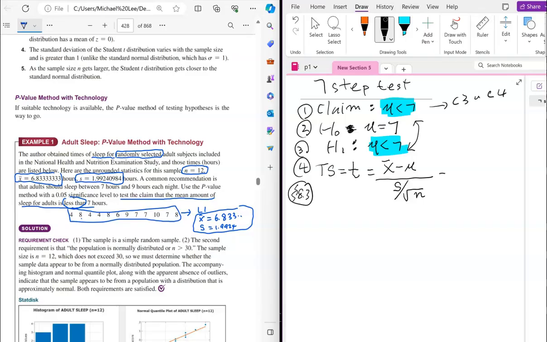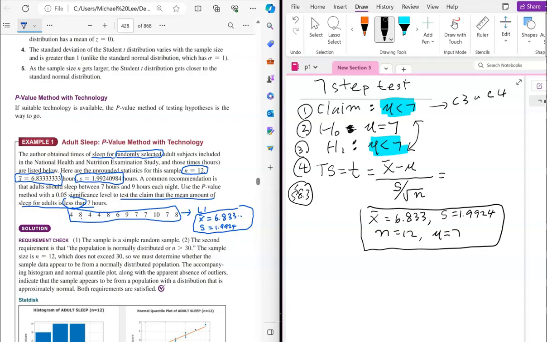What was x bar? The average. What was the average that came out? x bar was 6.833. s is 1.9924. n is 12. And then mu is 7.